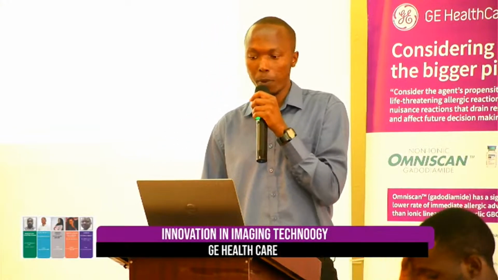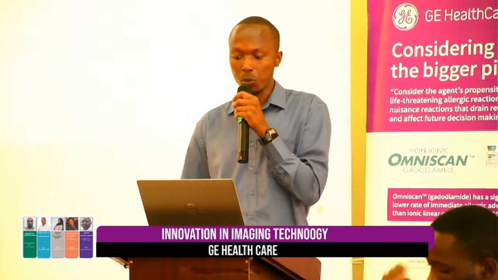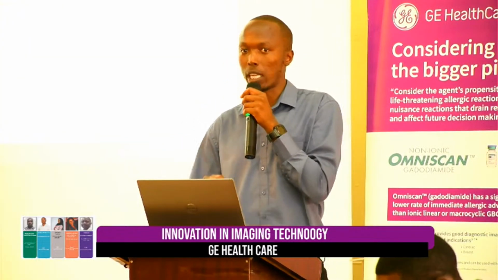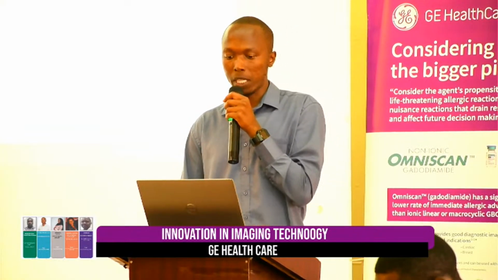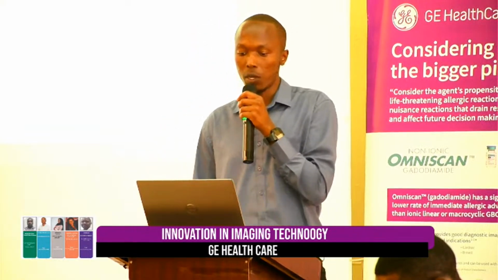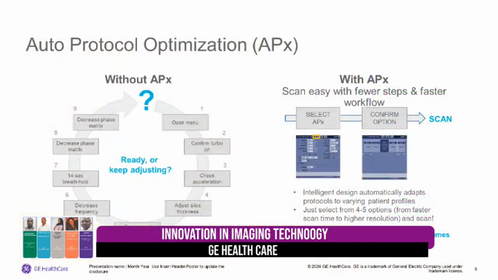Next, after positioning the patient, you go to the workstation, and there are multiple parameters you have to select from the menu. You open the menu, you select slice thickness, you select all those parameters. This takes time, but we have another technology called auto protocol optimization, which automatically optimizes the protocol for you.